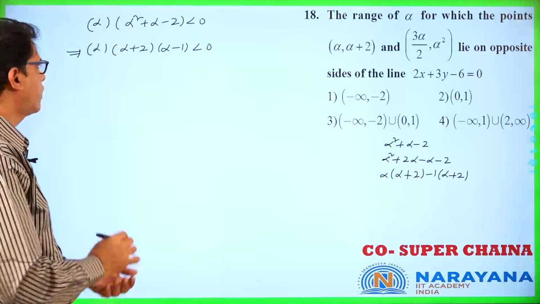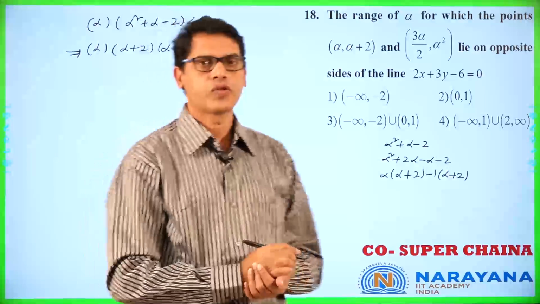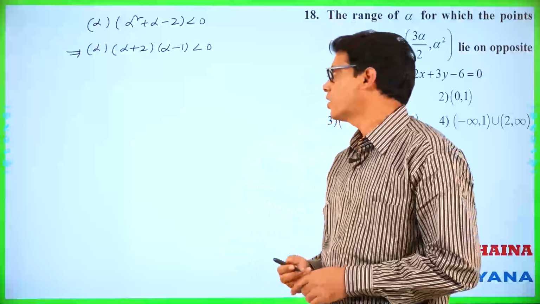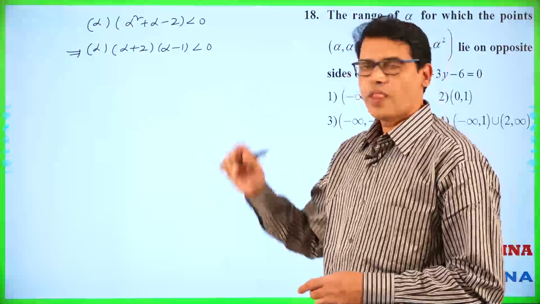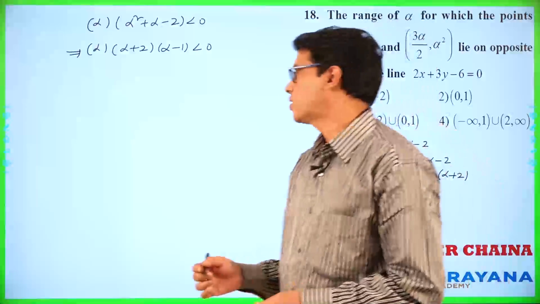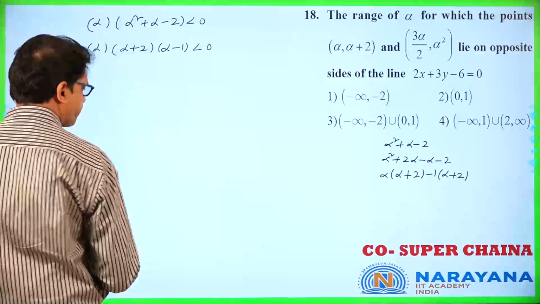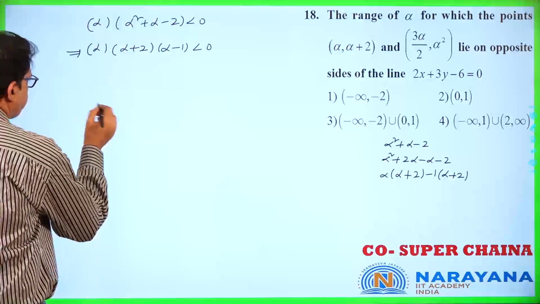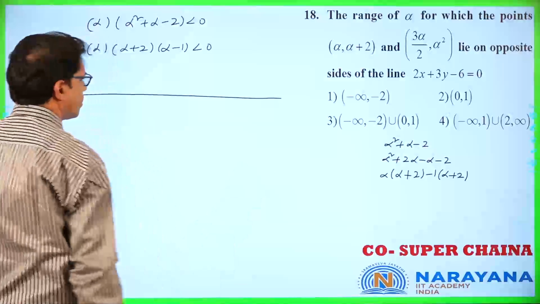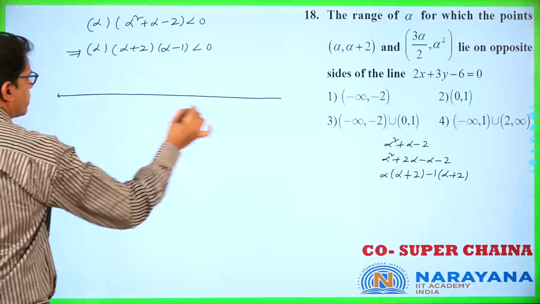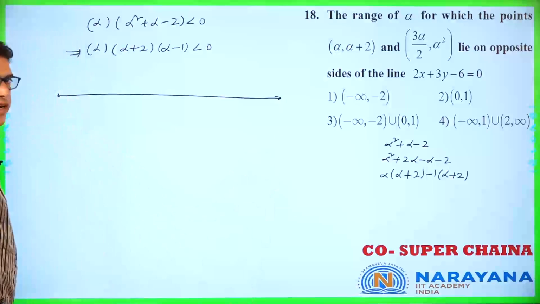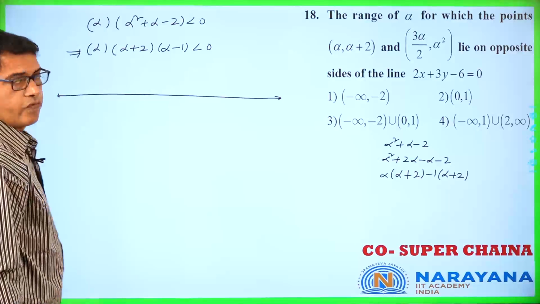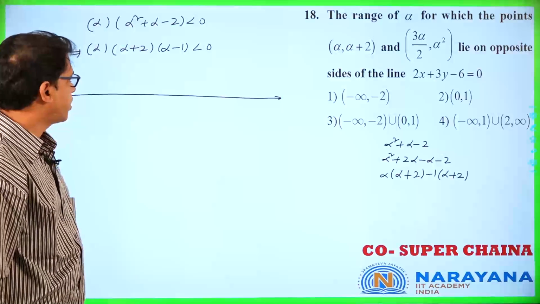Now how to solve the inequality? Here use the wavy curve method. Take the number line, from minus infinity to plus infinity. Now, what are the critical points?